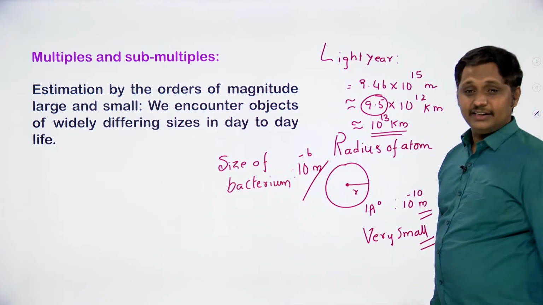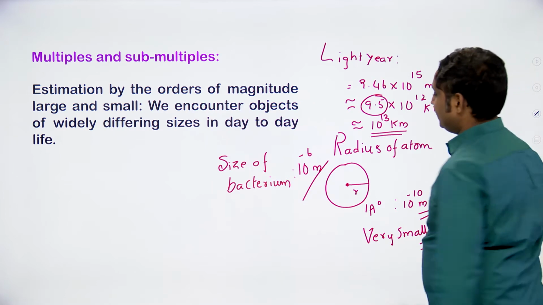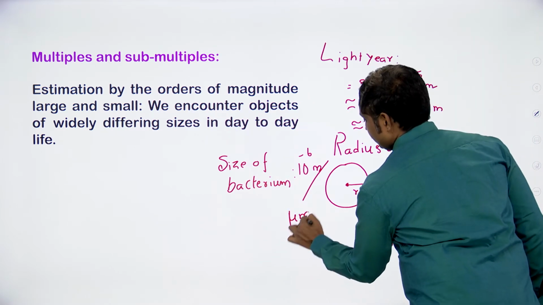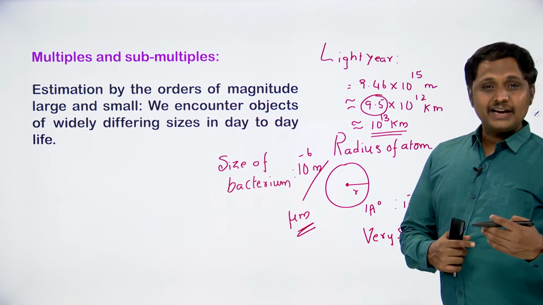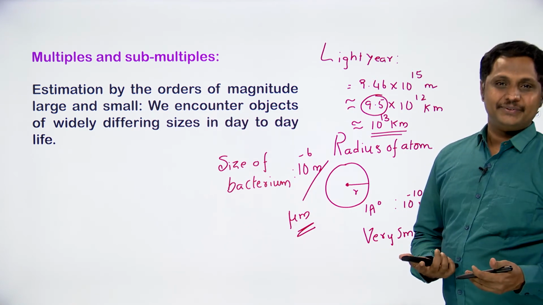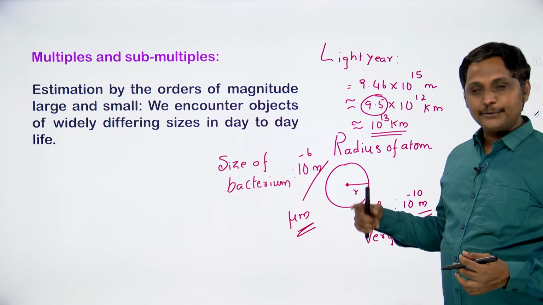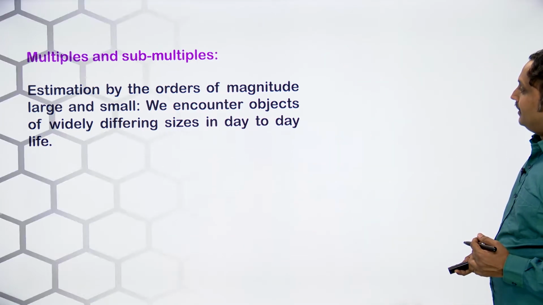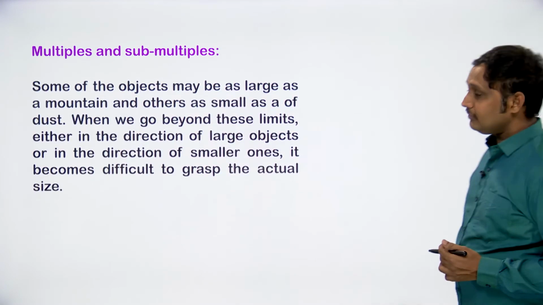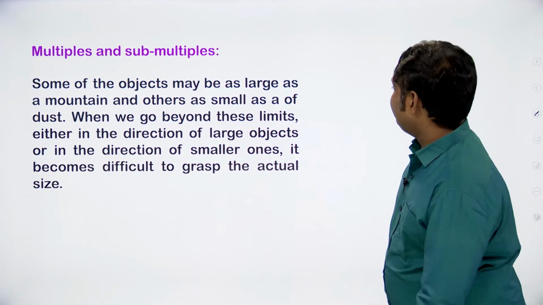We would like to get that as a micrometer. So, these are all about microscopic and macroscopic measurements, which are expressed in terms of multiples and submultiples. It's very clear. Let us go for another one.